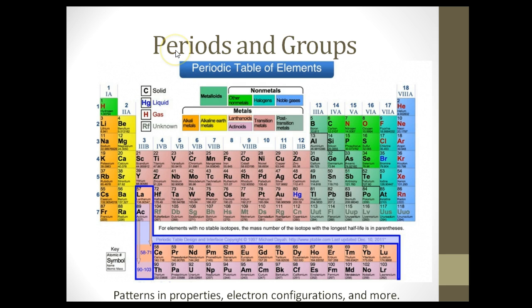Now, if periods are the horizontal, the rows, then groups, also known as families, are the columns, the vertical groups. Alright, and that's going to be one of the more important things in the periodic table, the vertical groups. One more thing about periods, they correspond to the energy level. So hydrogen's biggest energy level is the first energy level.